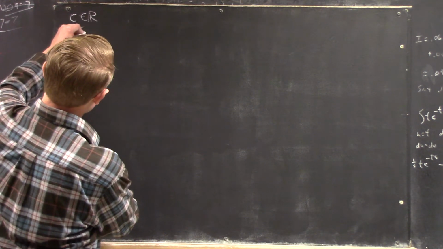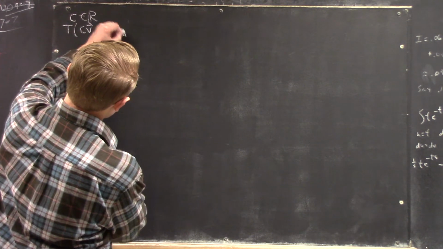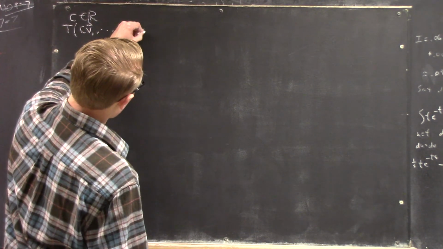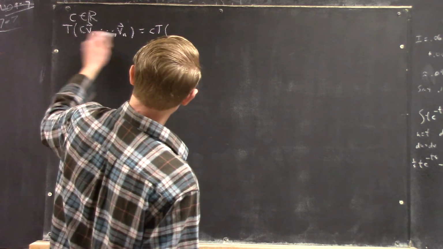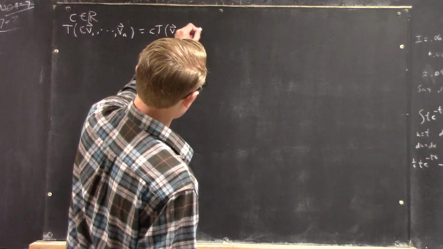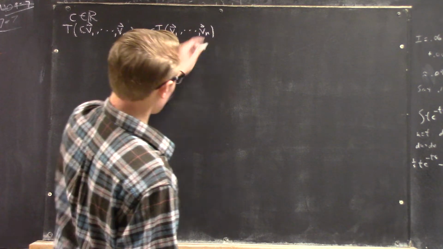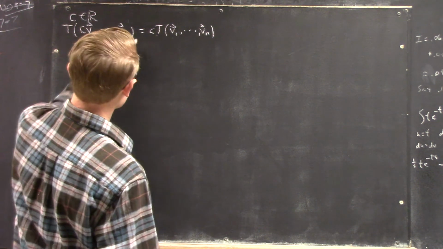Well, T of c times V1 through Vn equals c times the transformation of vectors V1 through Vn, because each component must be linear for this to be a multilinear mapping.